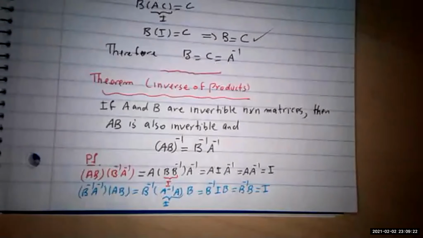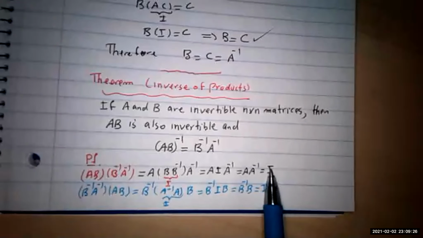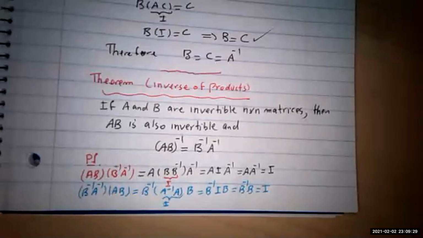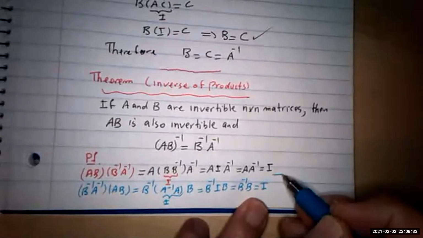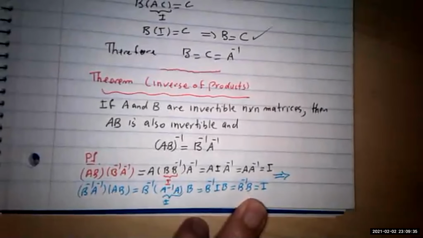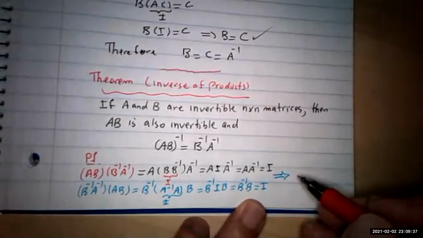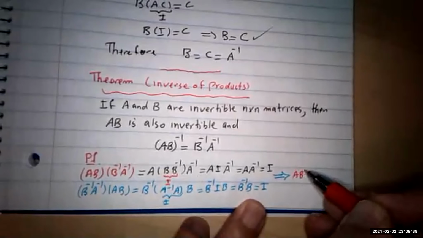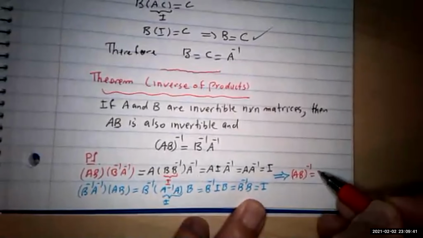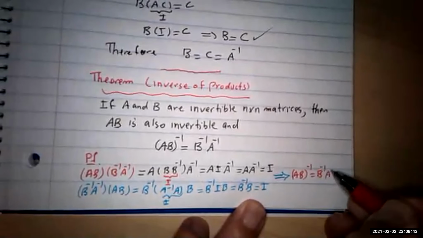You see, we talked about it. If the product of two matrices is I, one of them is the inverse of the other one. So this basically means that the inverse of AB is the other matrix, B inverse, A inverse.